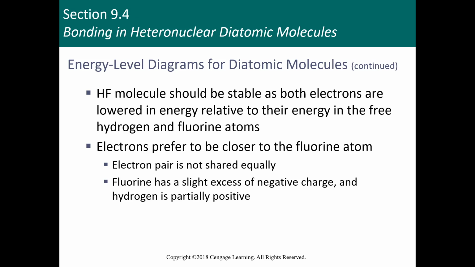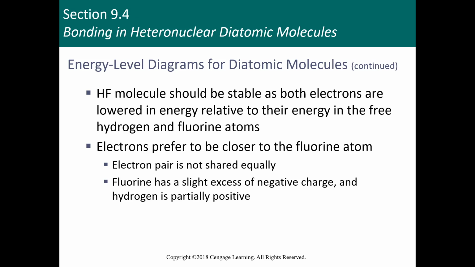So our HF molecule should be stable, as both electrons are lower in energy relative to their energy in the free hydrogen and free fluorine atoms. The electrons are going to prefer to be closer to the fluorine atom, and that's where we get that normal electronegativity bond polarity that we've discussed before. This electron pair will not be shared equally. This is pretty close to an ionic bond, but it is still a polar covalent bond.